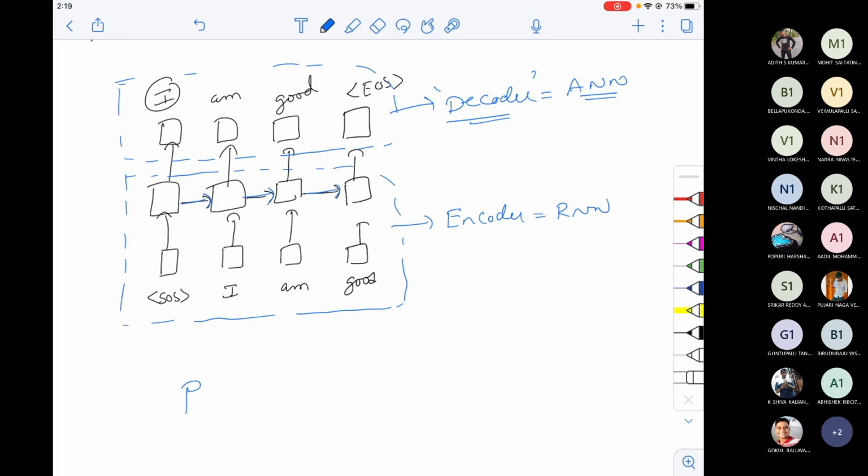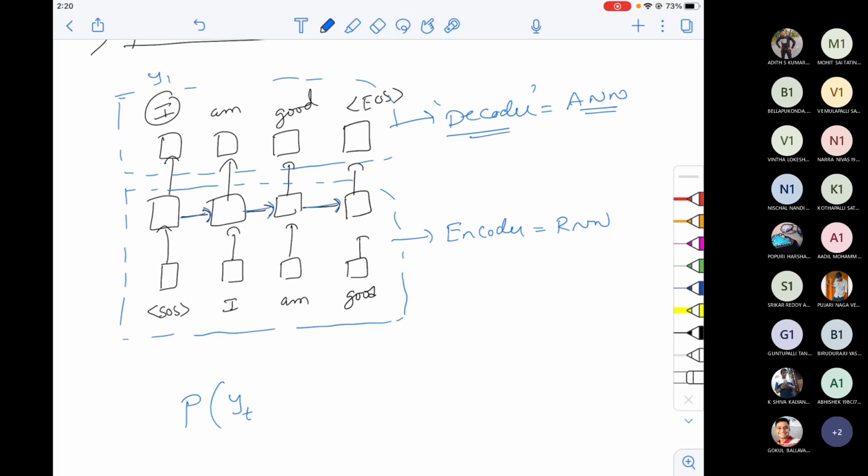For example, what is the probability of tth timestamp? Maybe this is my y1, this is y2, y3, and y4. Those are my outputs. Whatever the output that I get, that would act as input to the next word. There are certain caveats with this. I'll discuss slowly one by one. So what is the probability of tth timestamp to get a word J given y1, y2, up to yt minus 1, given previous words.